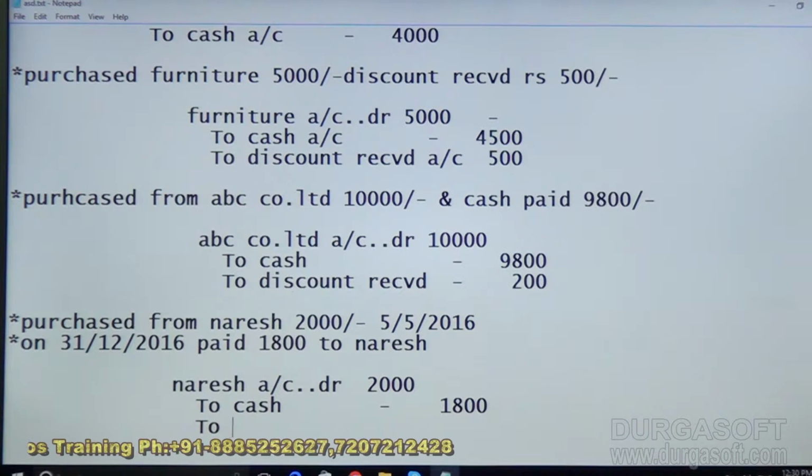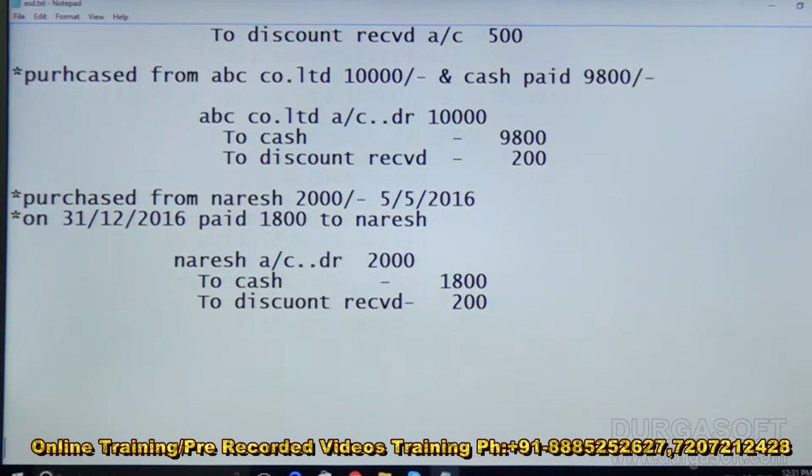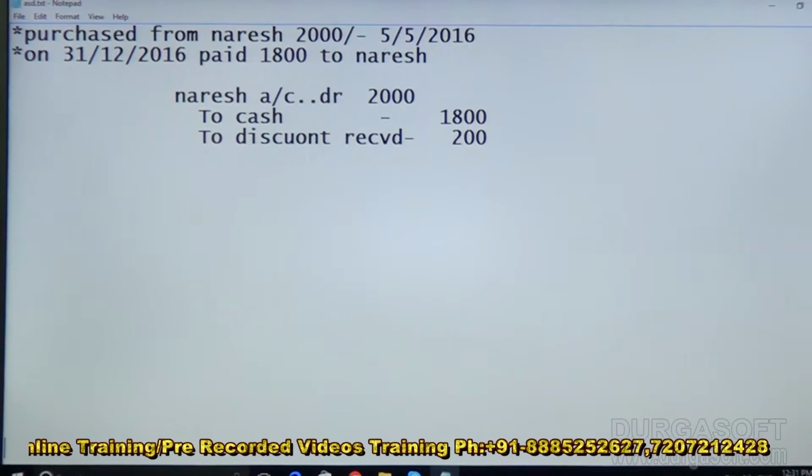That is a discount allowed. Sorry, discount received account. How much? 200. So in this way we need to mention the transactions whenever you are receiving discount. Okay, till now we have seen receiving the discount, and if you give the discount to a customer, how to write the entry.